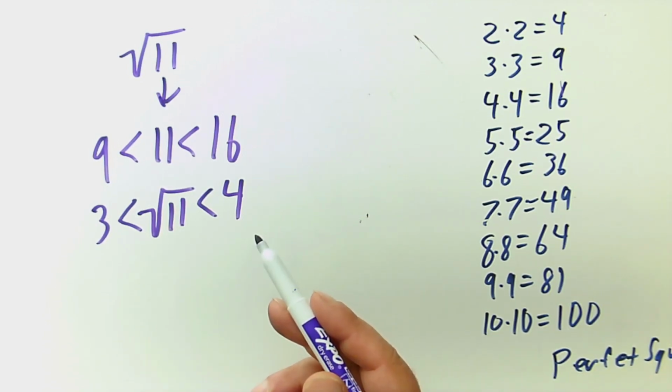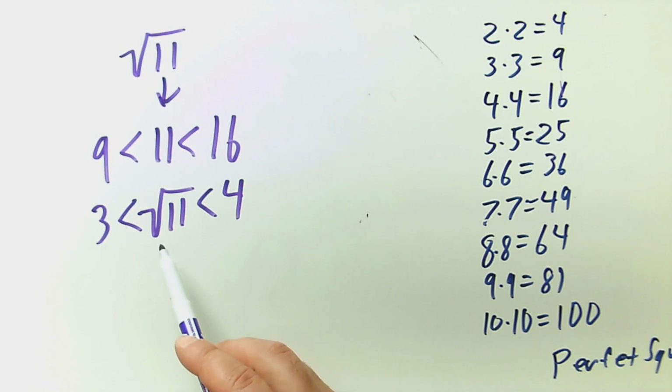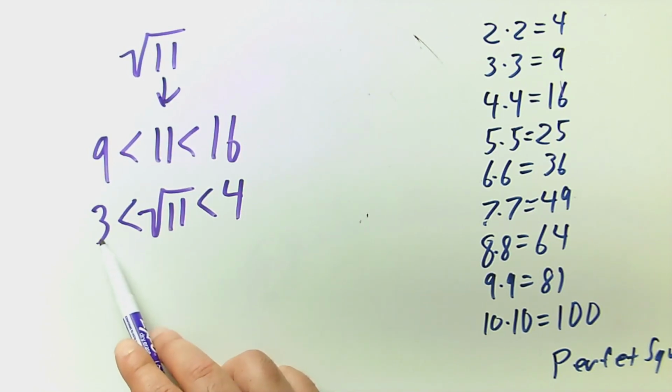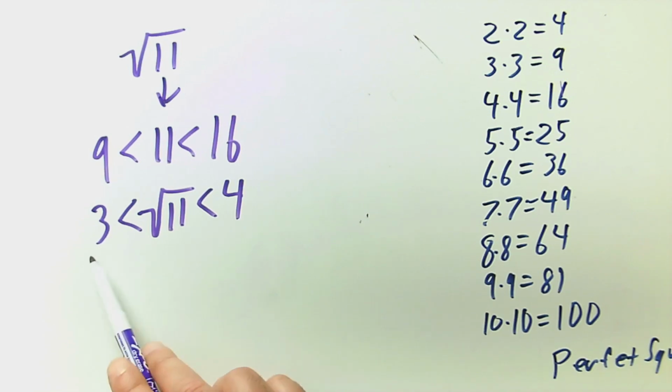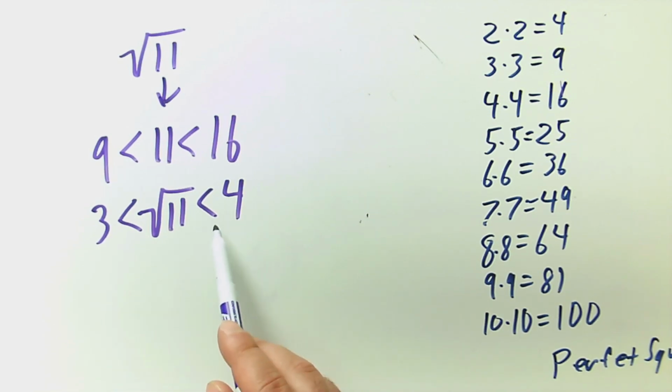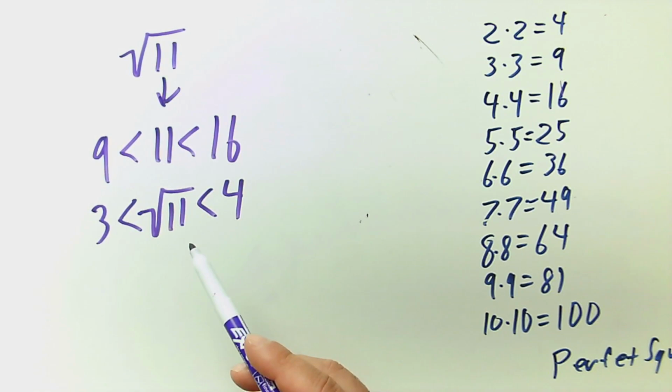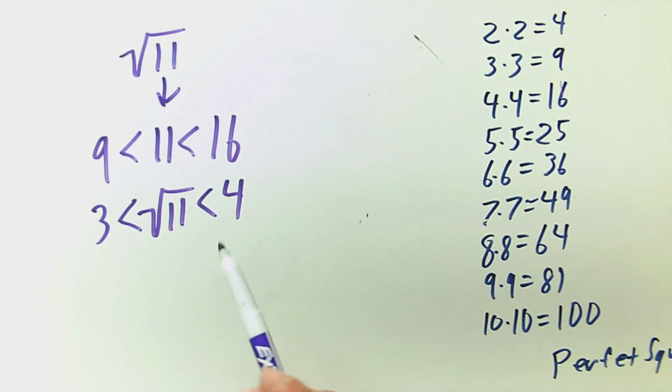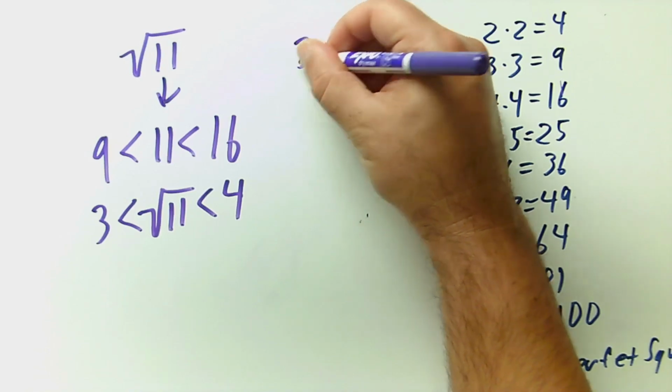So how do we do that? Well, the easiest way to do it is take the number in between 3 and 4. What's right in between 3 and 4? 3.5. We'll multiply 3.5 times itself.